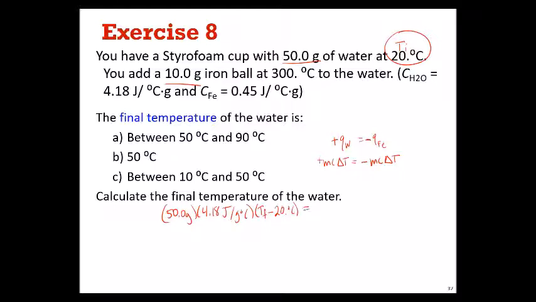Over here, I have 10 grams for my iron, and don't forget my negative sign out here, 10 grams, and then my specific heat, low specific heat, 0.45 joules per gram degrees Celsius. Still don't know the final temperature, but I do know the initial temperature is 300.